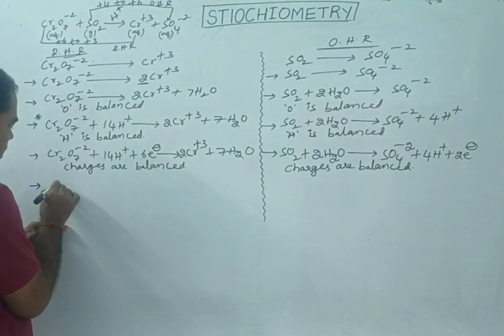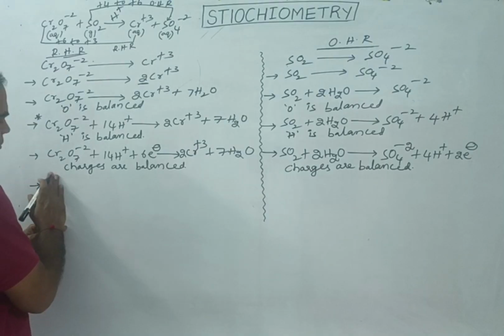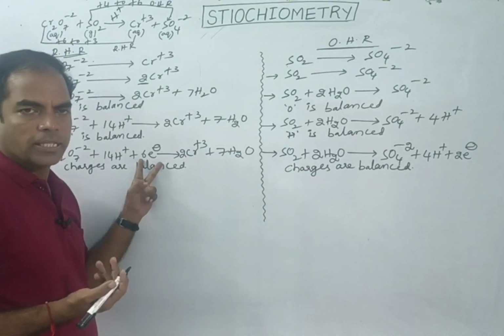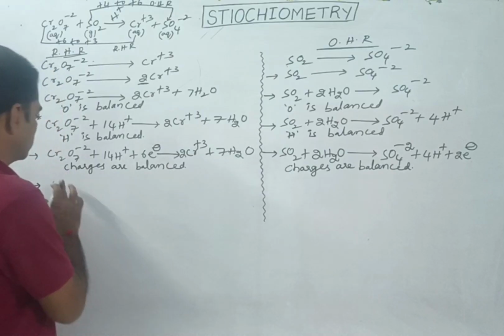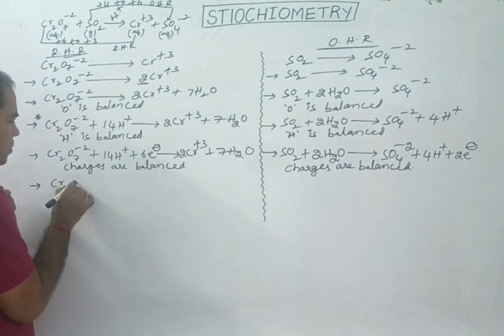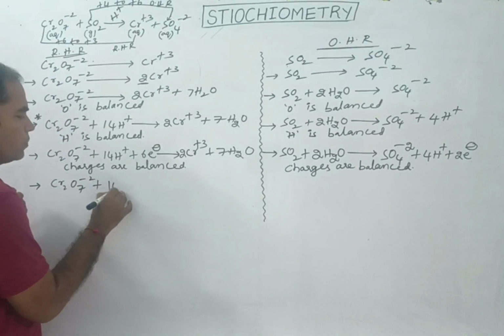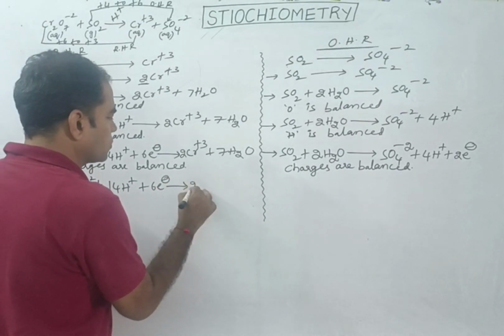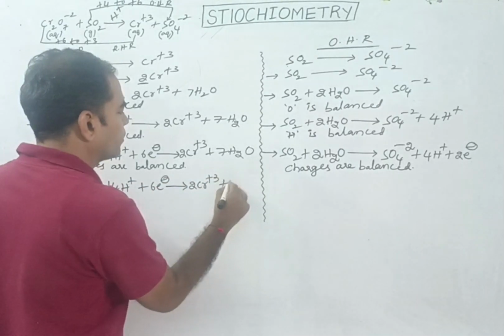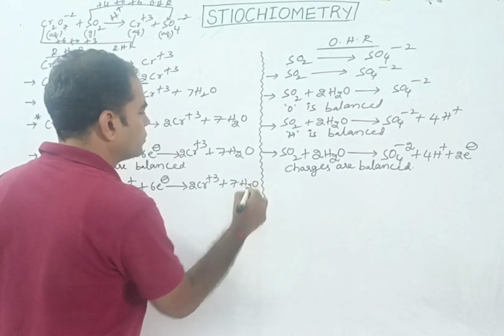Here no need to multiply. Why? Because 1 into 6 means 6. 1 into Cr2O7 minus 2, same Cr2O7 minus 2. As you have to write, Cr2O7 minus 2 plus 14H plus 6 electrons gives rise to 2Cr plus 3 plus 7H2O.